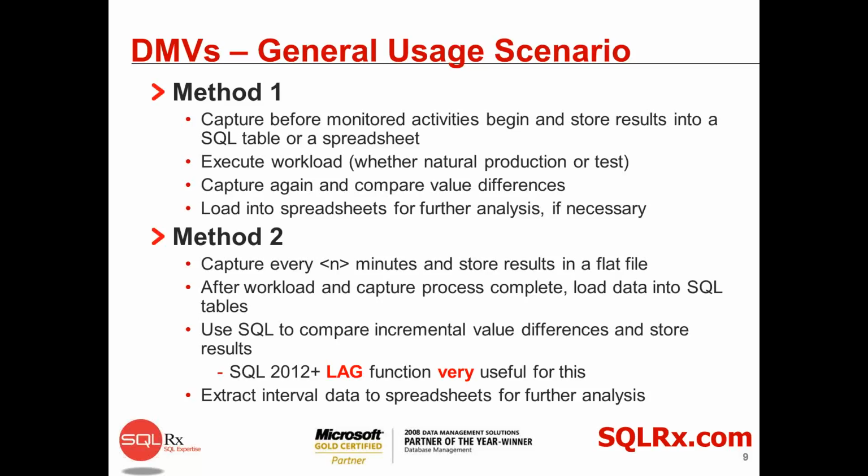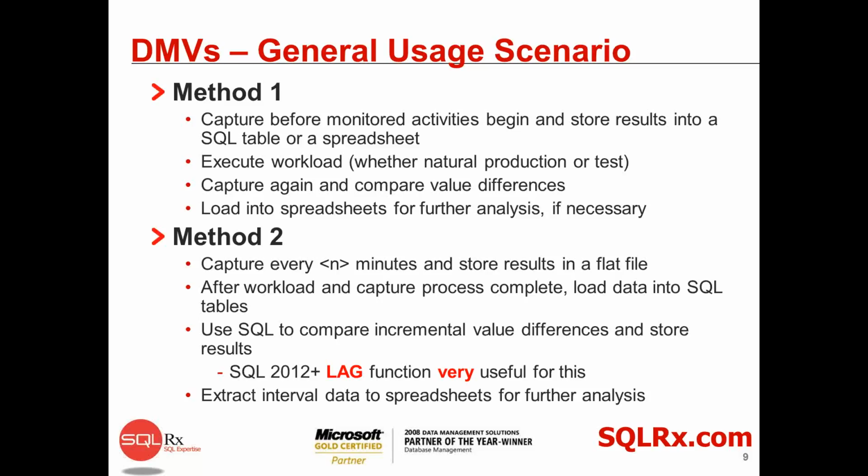Method 2 is a little bit more complex. It stores data every 1 to n minutes in a flat file, and then after everything is done, we load those into an off-site SQL table, or you could put it in a separate on-site SQL table, and then use SQL itself to do all the comparisons of the differences, and that's where the SQL 2012 LAG function comes in very handy.